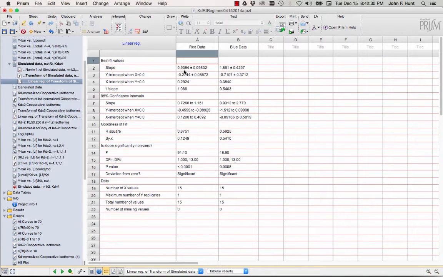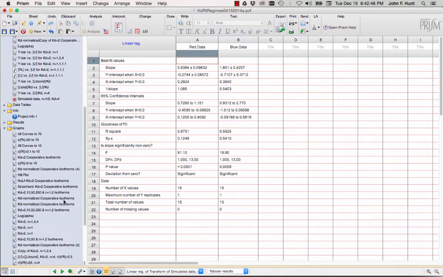The nonlinear regression also told us that was close to 1. Here it's saying 1.85. The nonlinear regression said it was over 2. But basically the Hill analysis is agreeing with the nonlinear regression that the red data is close to n of 1, or non-cooperative independent site binding. The blue data are close to n equals 2.